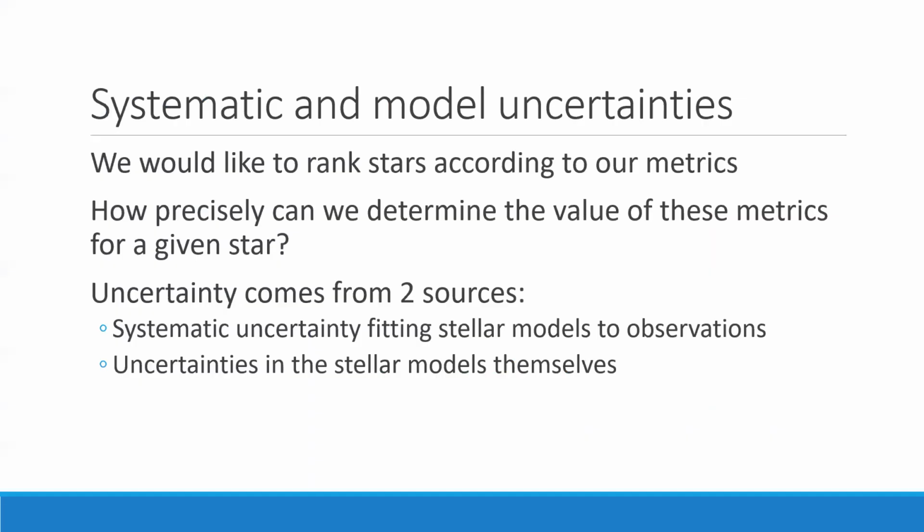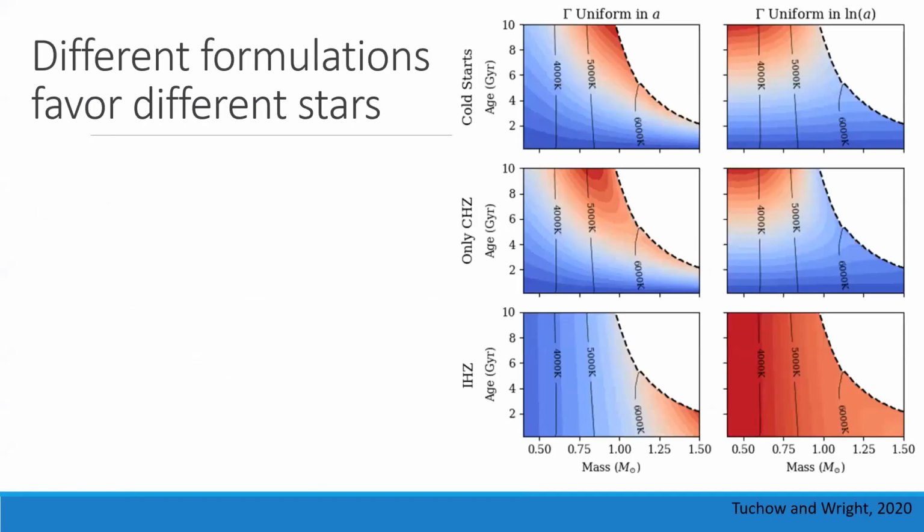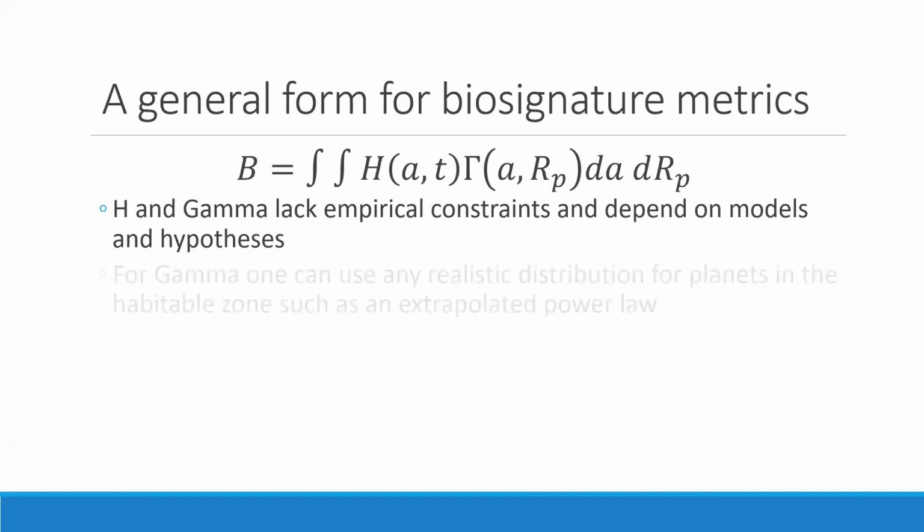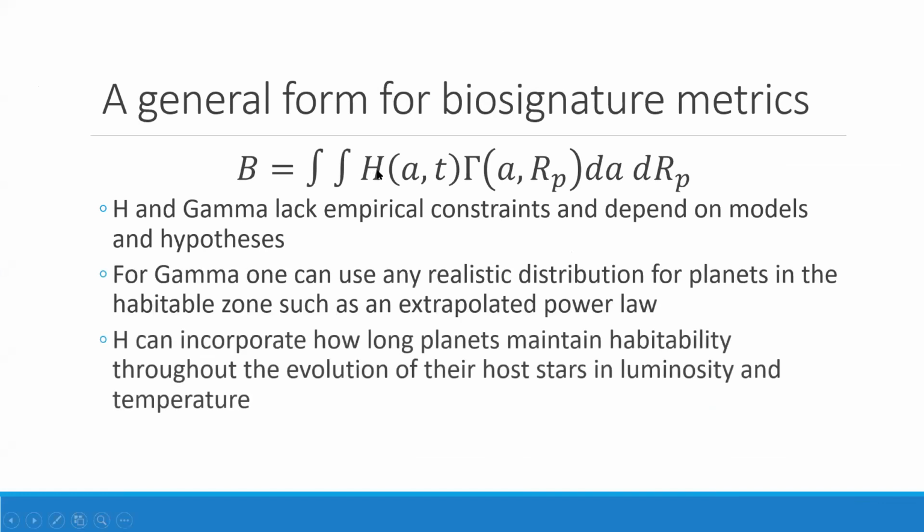So we have a very general class of metrics, which I was talking about. Let me go back to the slide. Yeah. So it has these quantities H and gamma. These properties H and gamma are generally just a way to quantify our essential assumptions about the stars. So if you want to make a model of H, let's say, that takes into account stellar activity, you could totally do that.